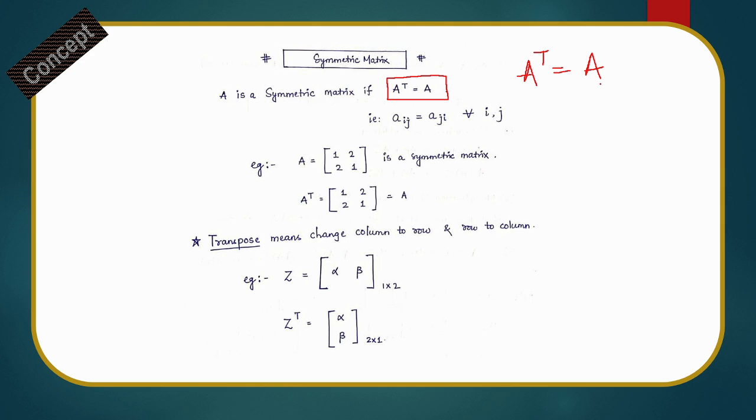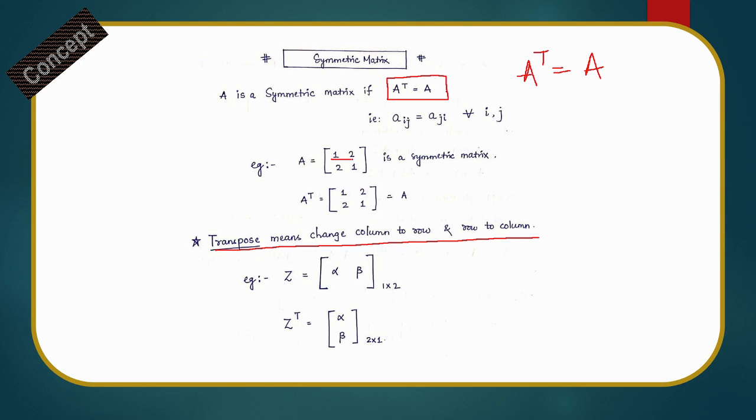A transpose equal to A means Aij equal to Aji for all i, j. Suppose for example A is equal to 1 2 2 1, and A transpose is, transpose is nothing but change column to row and row to column.